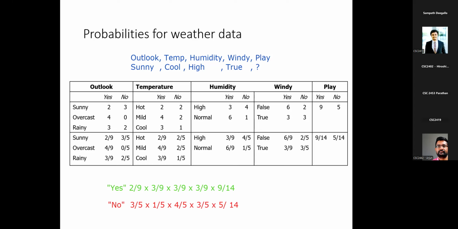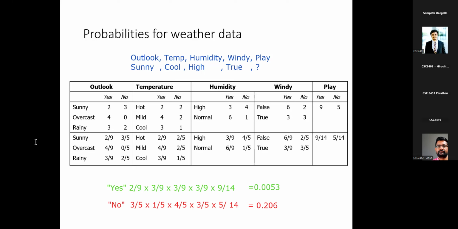Can you check? 0.206, and for this 0.0053. So these are not probability values, because if they were probabilities, they would add up to 1. Therefore, you have to normalize.